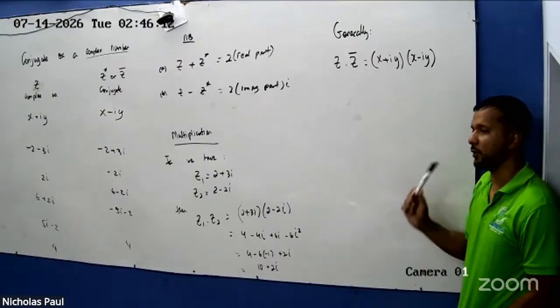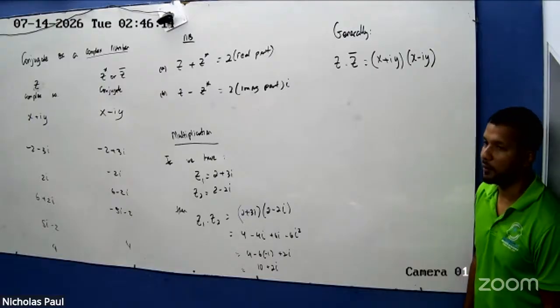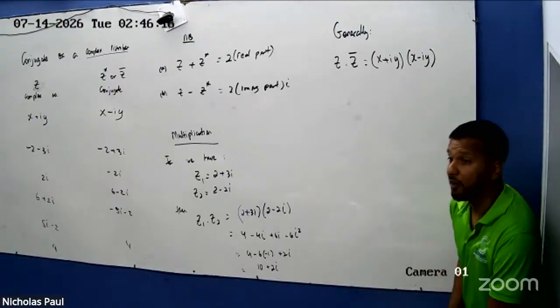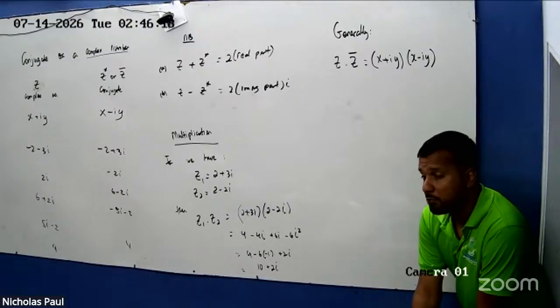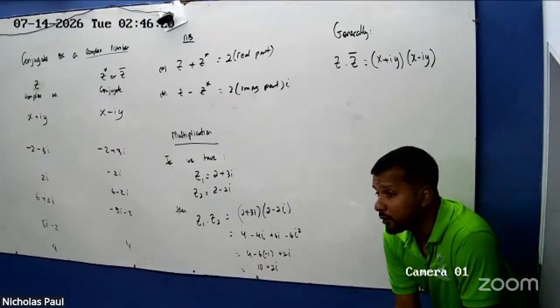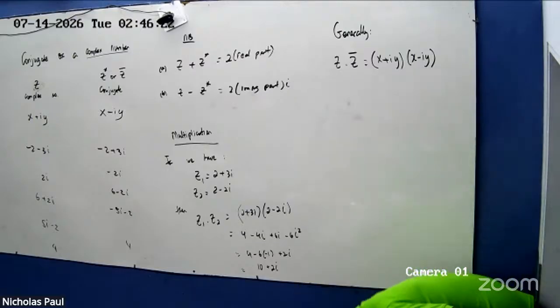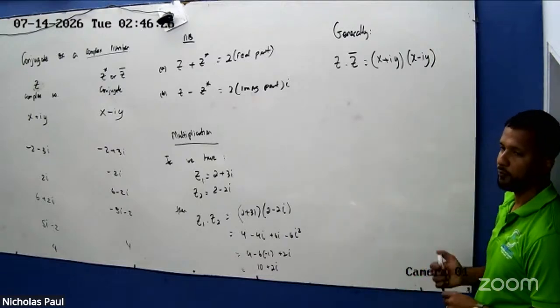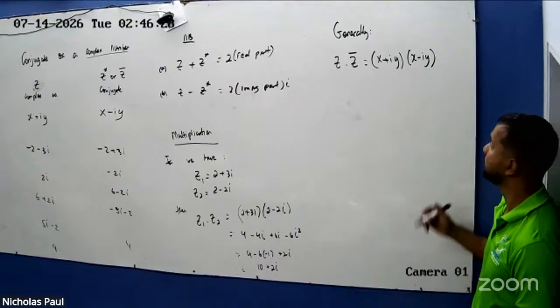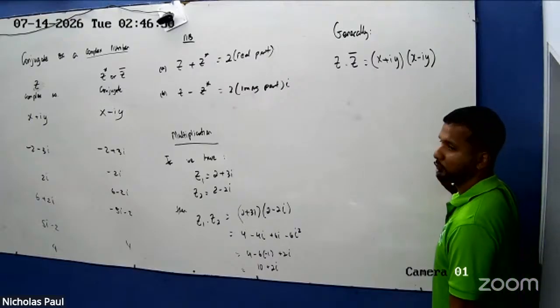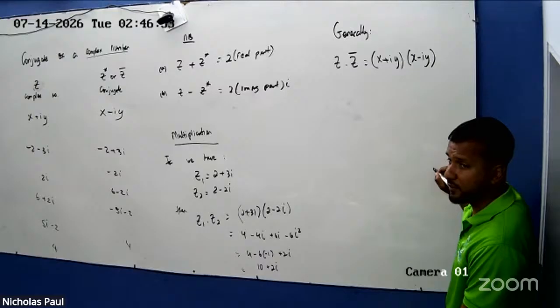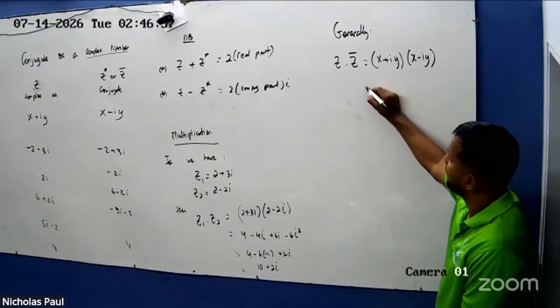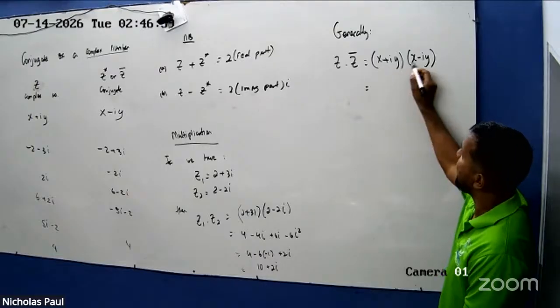That complex number, right? X squared minus y. Right? X times x is x squared.